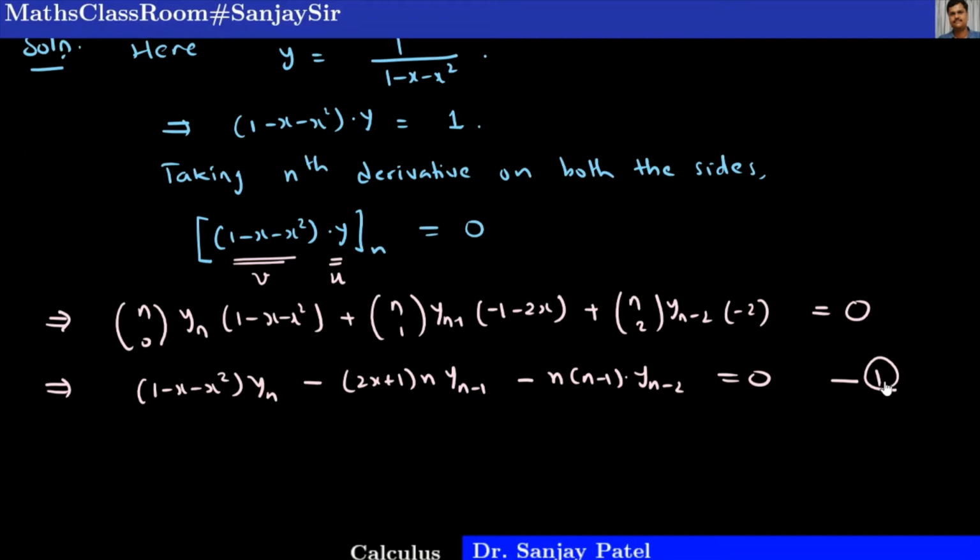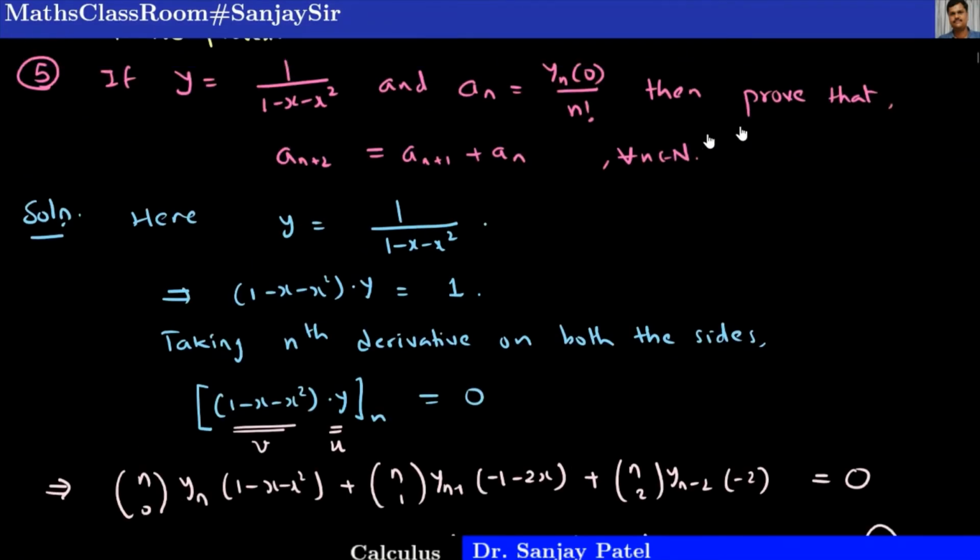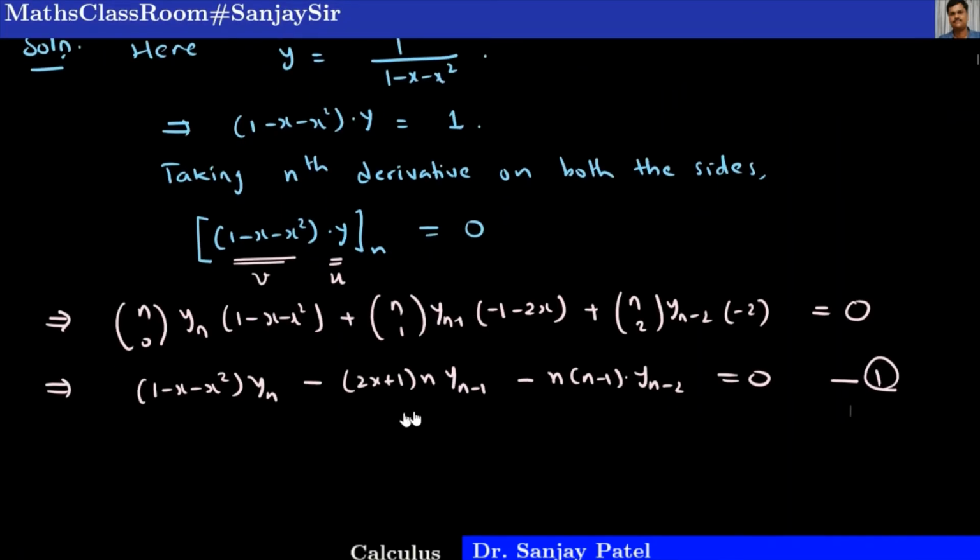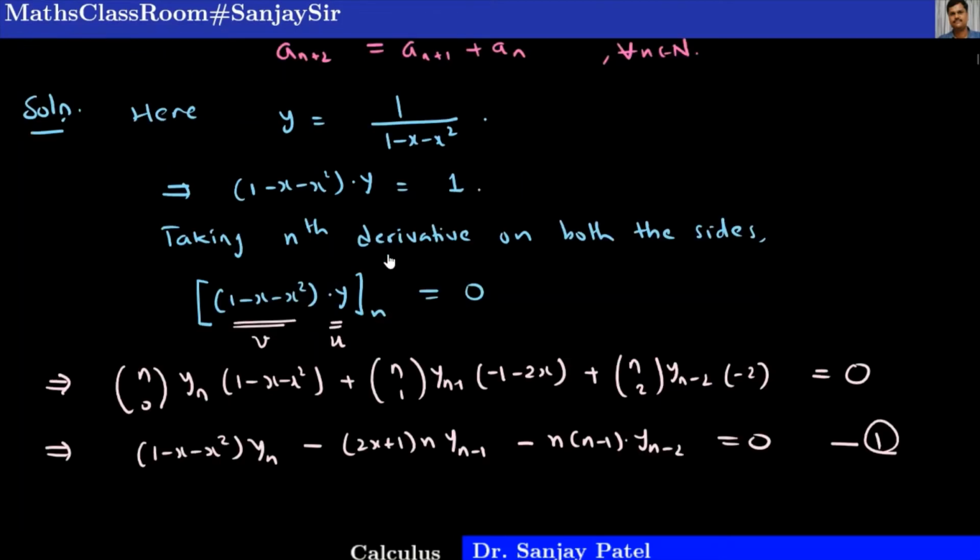Now, to obtain the required result, that is an plus 2 is equal to an plus 1 plus an, here you see that we need yn at 0. So we have to find the nth derivative at x equal to 0, and an plus 1 means yn plus 1 at 0 upon n plus 1 factorial. An plus 2 is yn plus 2 at 0 upon n plus 2 factorial. All yn minus 1, yn minus 2 are here.